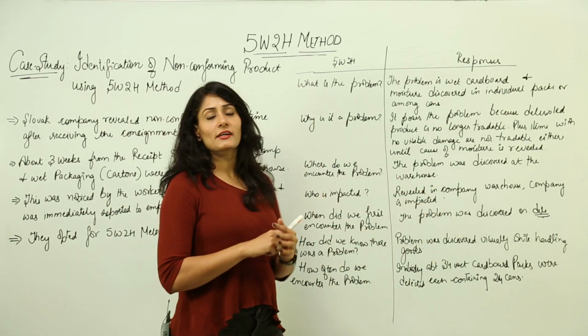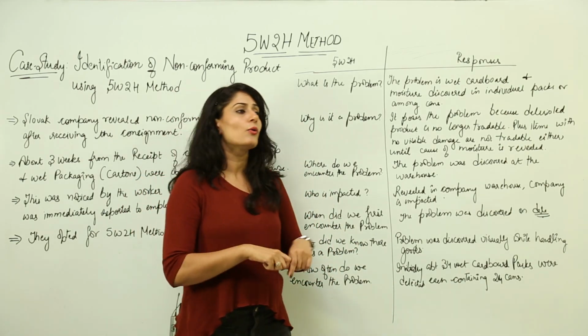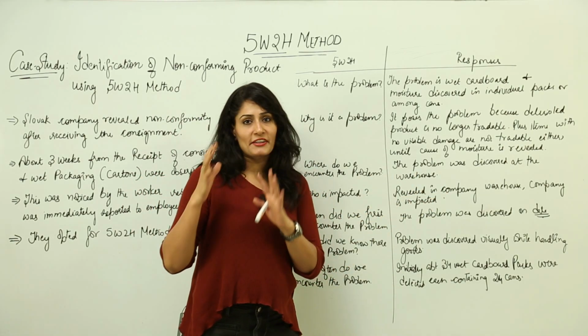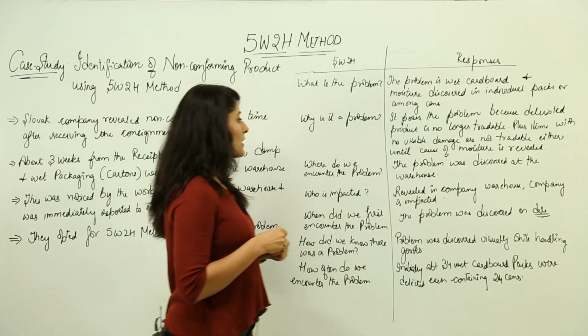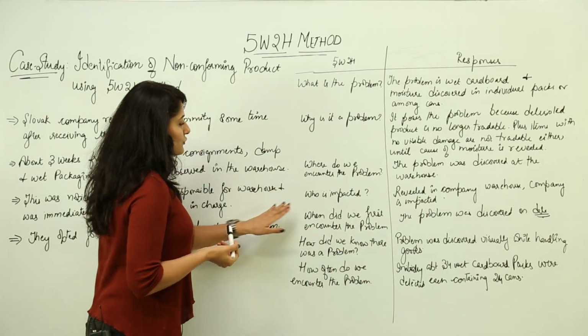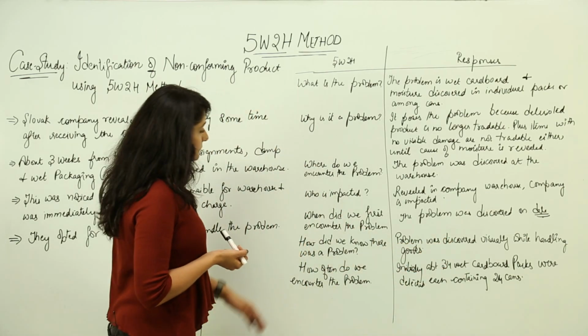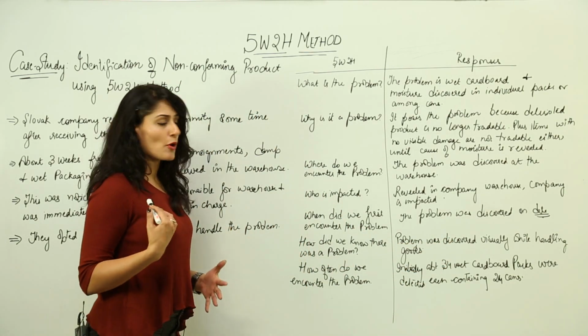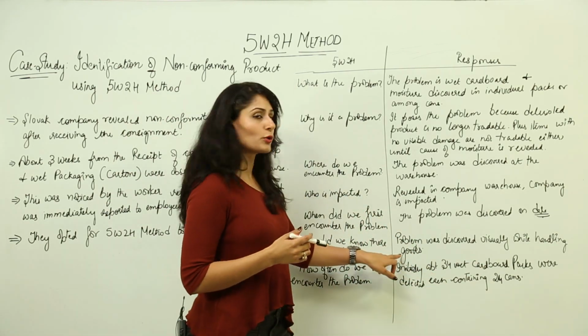Who is impacted? The complete company. You know, they are now going to face losses because their product is having problems and they cannot market their product. So obviously the company is being impacted. So when did we first encounter the problem? They gave the date. And how do we know there was a problem? The problem was discovered visually while handling the goods.